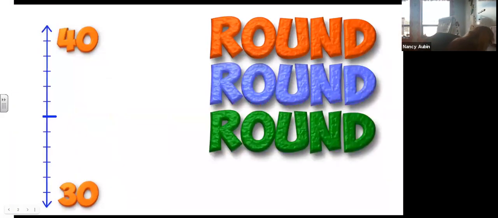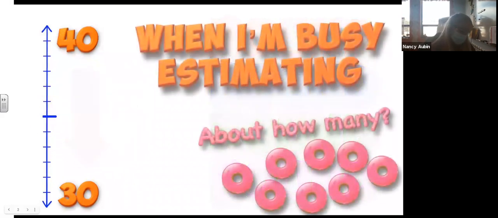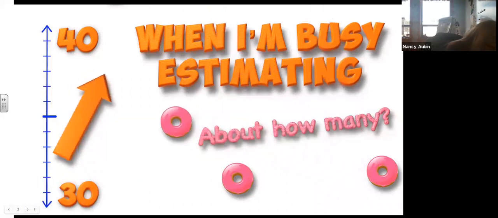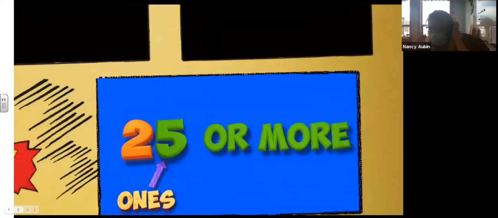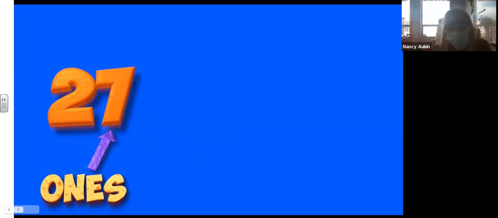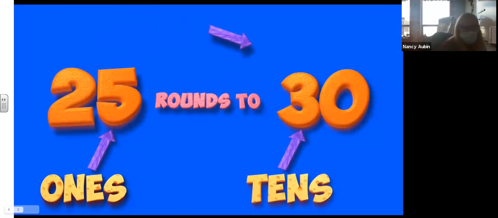Round, round, round and round. Round it up or round it. Estimator. Round it up or round it down. If you see 5 or more in the ones place. 5, 6, 7, 8, 9. If you see 5 or more in the ones place, it rounds to the next 10 every time.